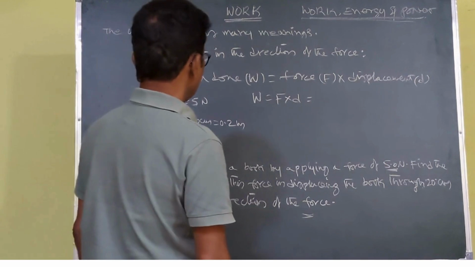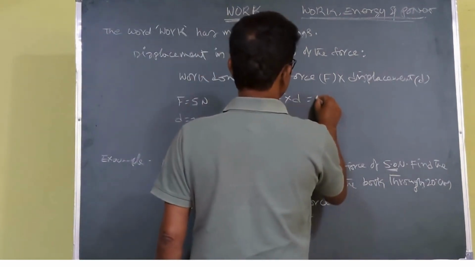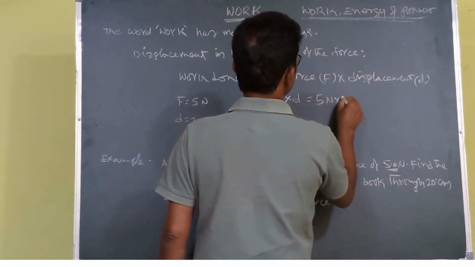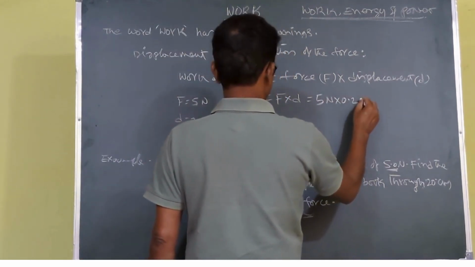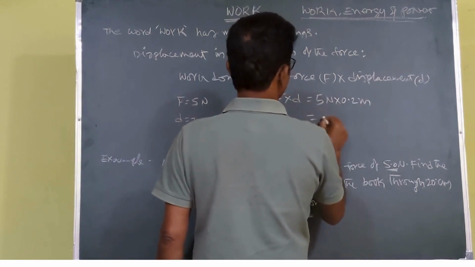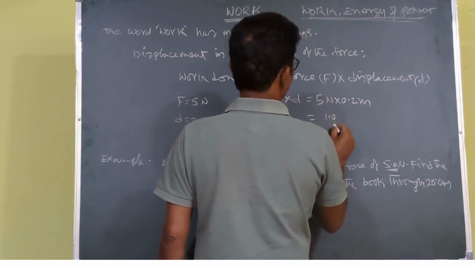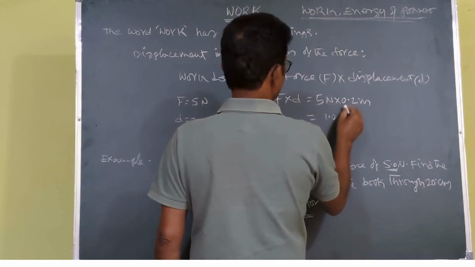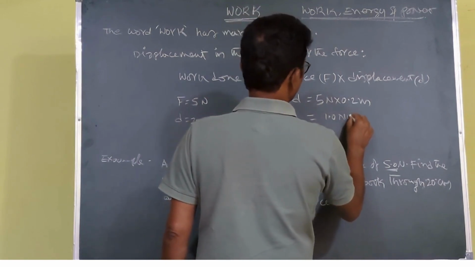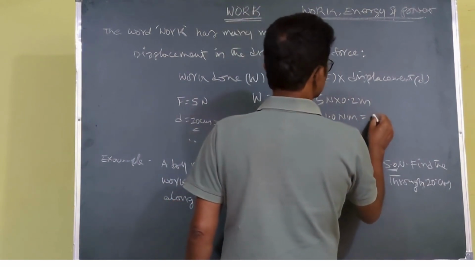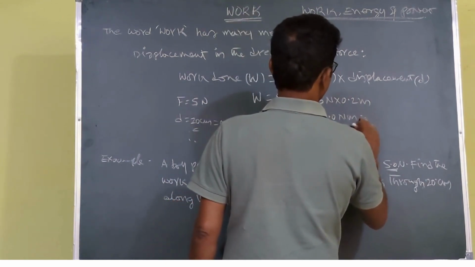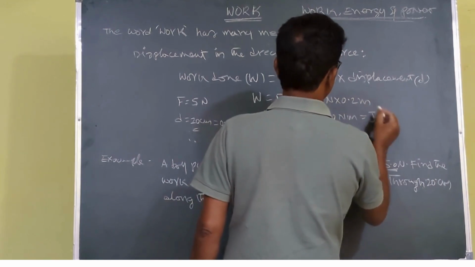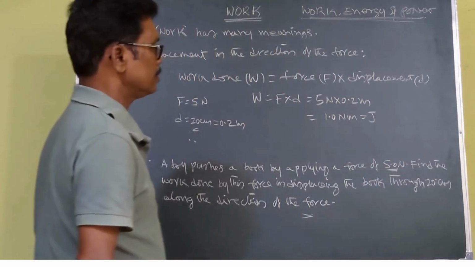Substituting, 5 newtons into 0.2 meters is equal to 1 newton meter. This is equal to 1 joule.